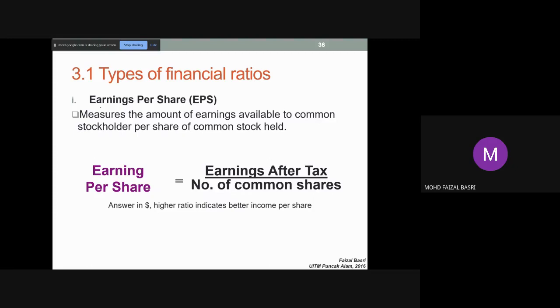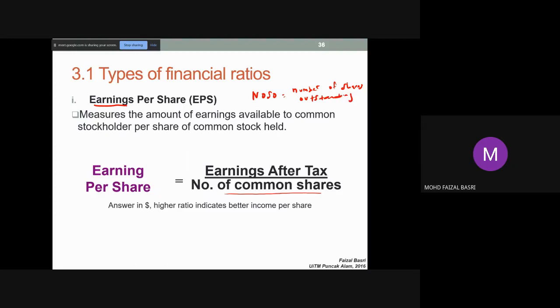So earnings again. Earnings actually refers to earnings after tax, the net profits. Okay, and in order to get it on a per share basis, we need to divide it by the number of shares. Number of common shares is also known as NOSO, which is number of shares outstanding.